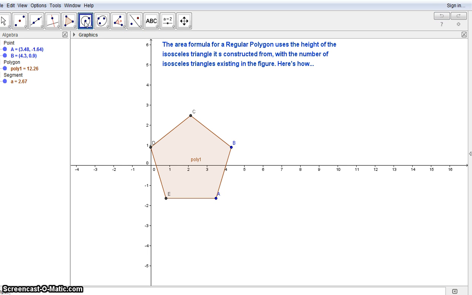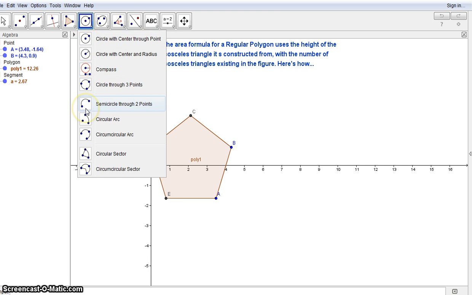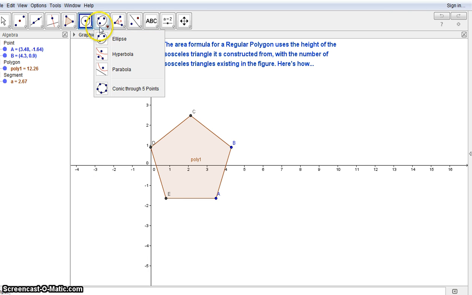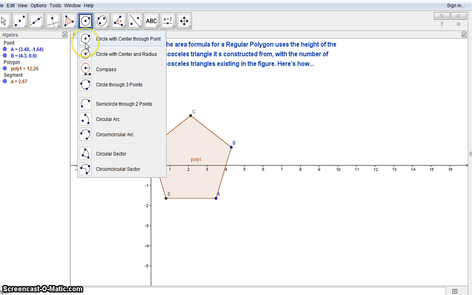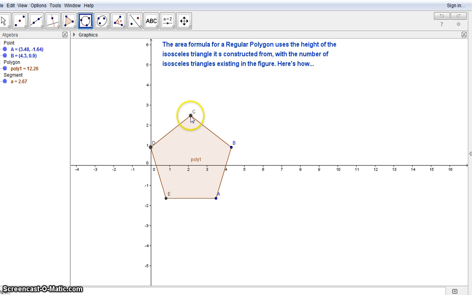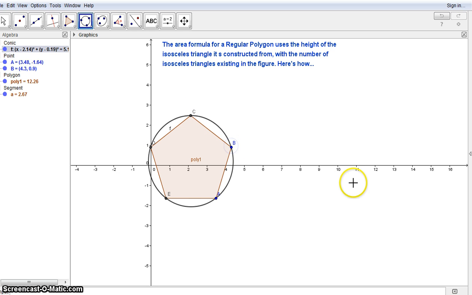But what's great about the regular figures is that around each of them, I want to make a circle through 3 points, is that around each of them is a circle that touches all of its vertices. And that allows us to do quite a bit of measurement. And it also allows me to get a center point for this circle. So there it is. I'm going to move my little label out of the way.